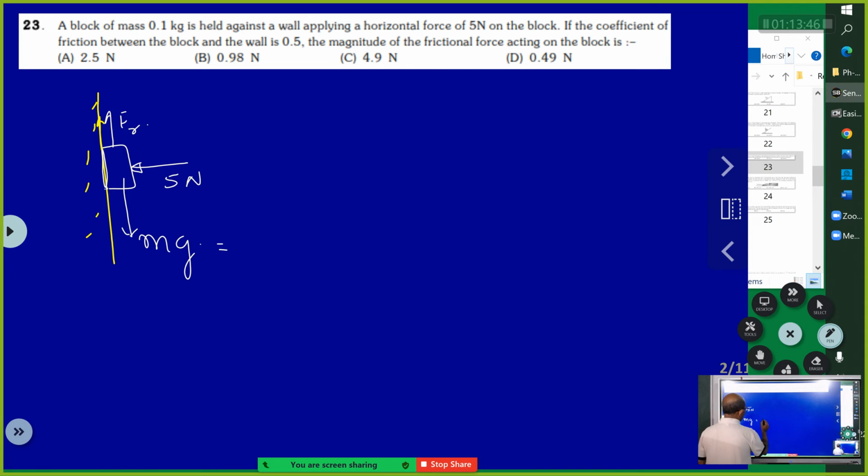So this will be approximately 1 Newton if you take G as 10, and the frictional force should be equal to this.